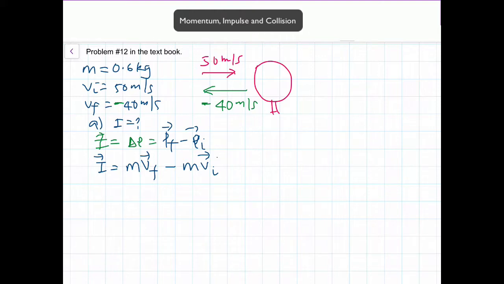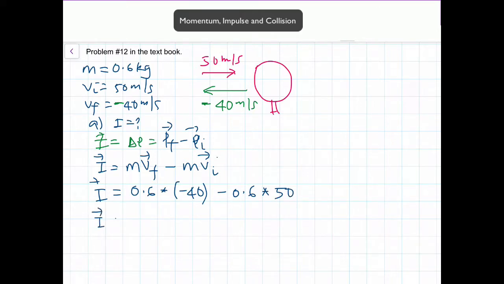Then impulse equals M, which is 0.6, multiplied by V final, which is minus 40, and then minus M, again 0.6, times V initial, which is positive 50.